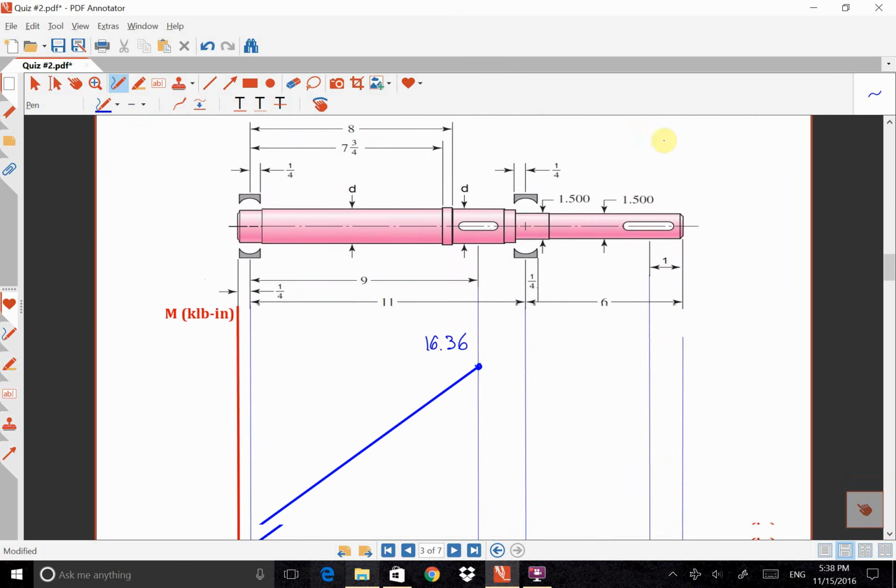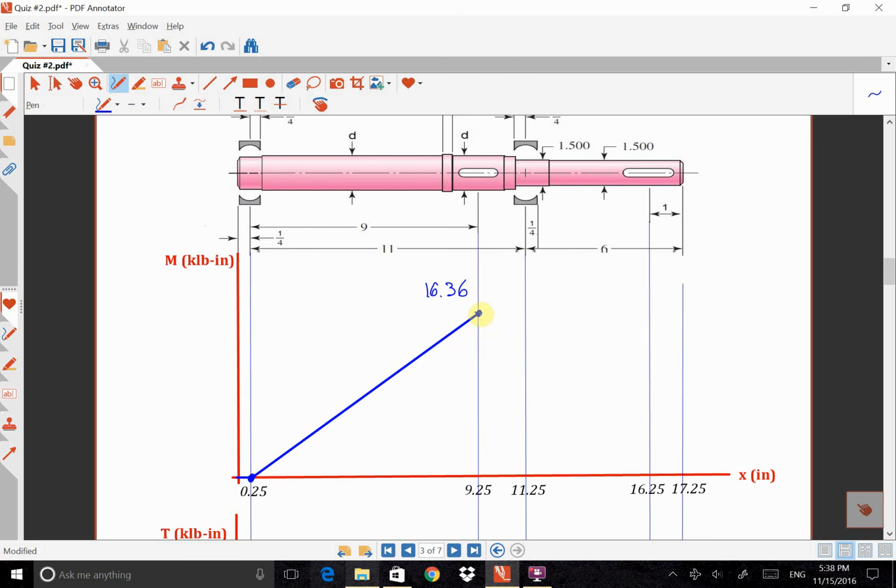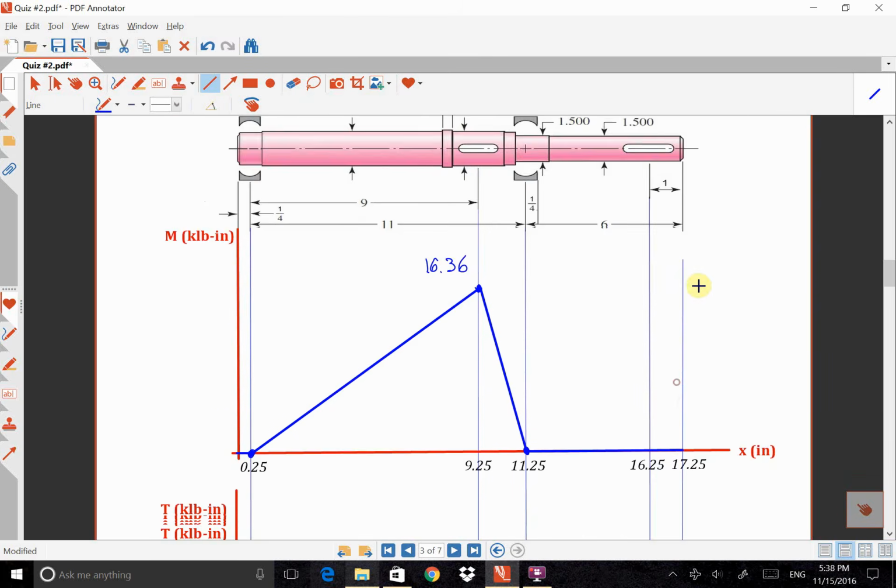Okay, so the first point for the third region is exactly the same point, and the second point for the third region is 0. So I can draw a straight line between these 2 points. And I can do the same thing for the fourth and fifth region, and I'm going to get 0. Okay, so that's the behavior of the moment.